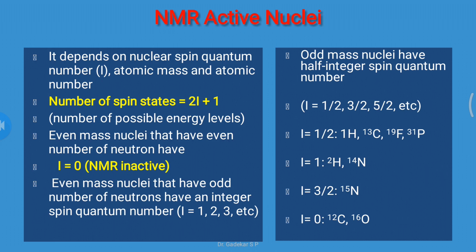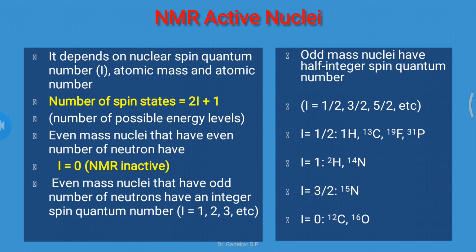Odd mass nuclei have half-integral spin quantum number, I equal to 1/2, 3/2, 5/2, etc., and are also NMR active. Even mass number with even atomic number is NMR inactive, but even mass number with odd atomic number gives an integral value and is active.